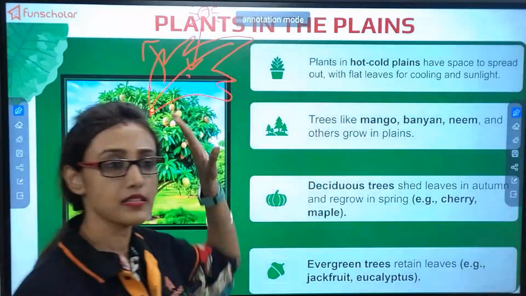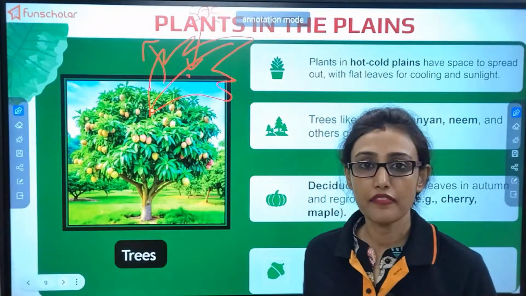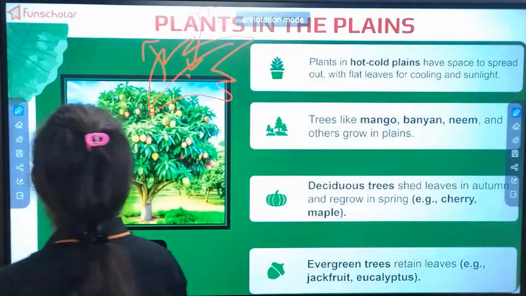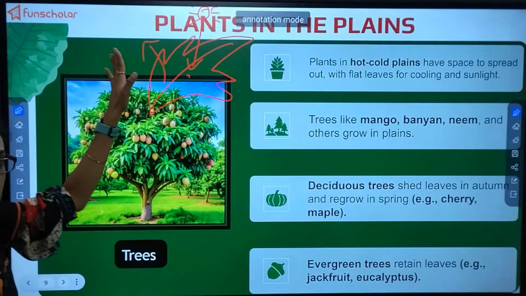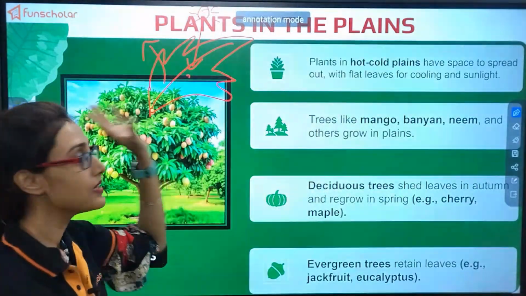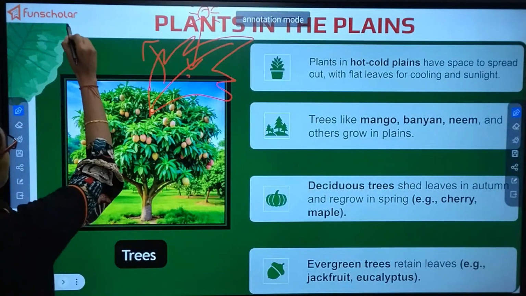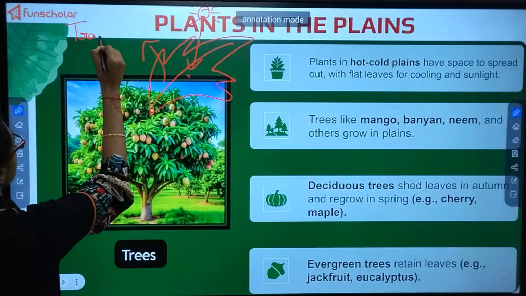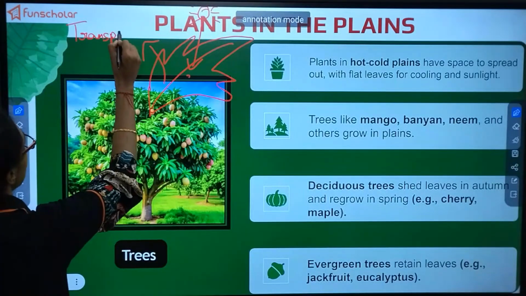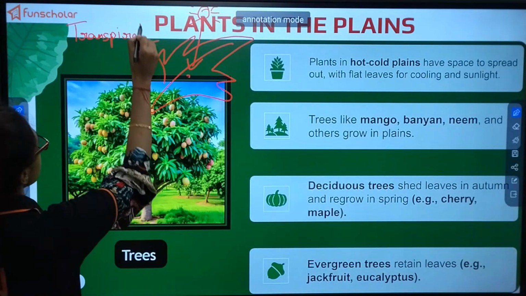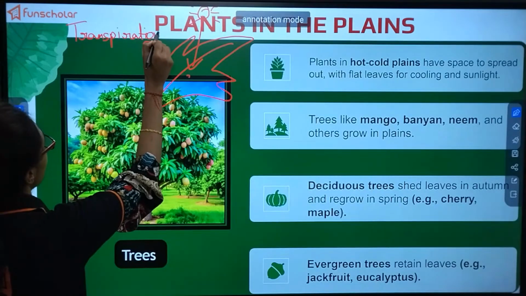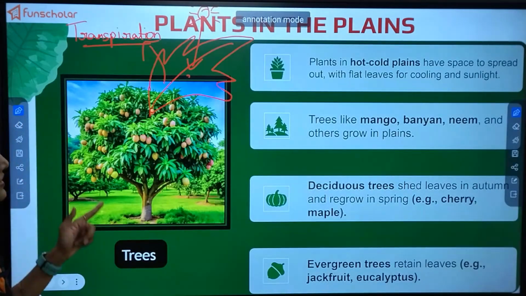In my previous classes, I have told you what loss of water is scientifically termed as. Loss of water is known as transpiration, and it is a natural process by which plants give out water.